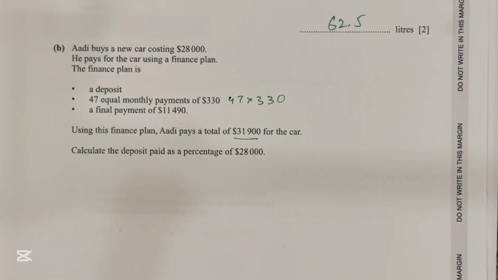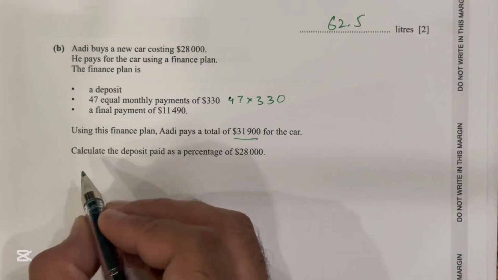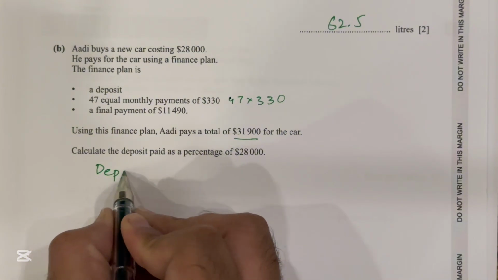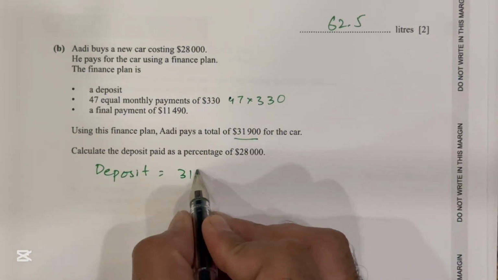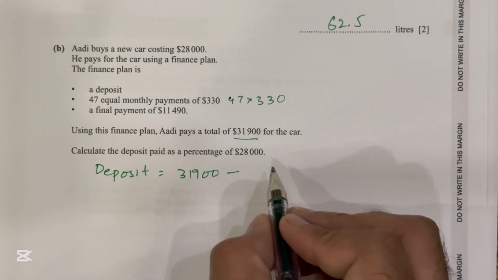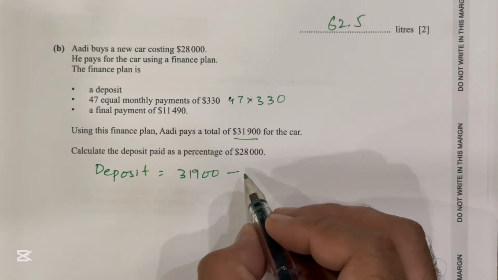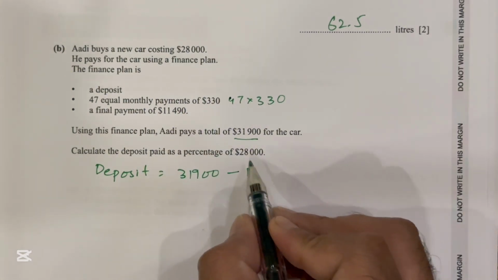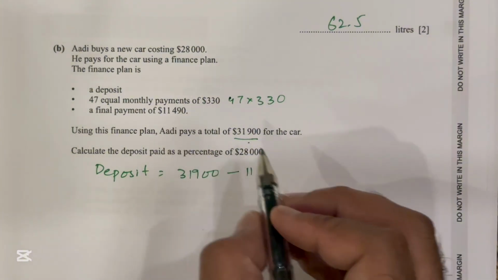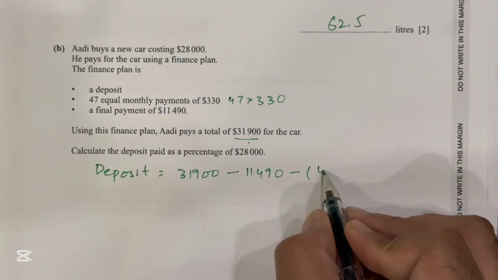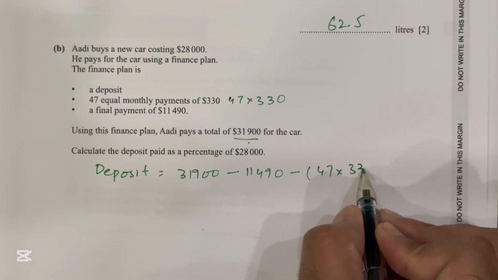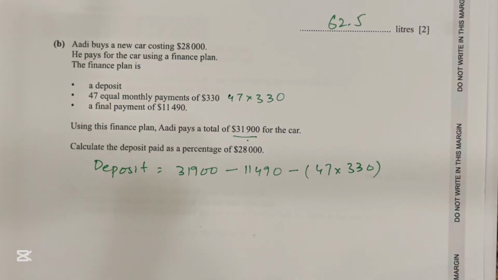First we need to calculate the deposit, then we can take the percentage by comparing it to 28,000. So how are we going to do that? We know that the deposit is equal to the total payment 31,900, minus the final payment 11,490, subtracted by 47 into 330, the monthly payments.